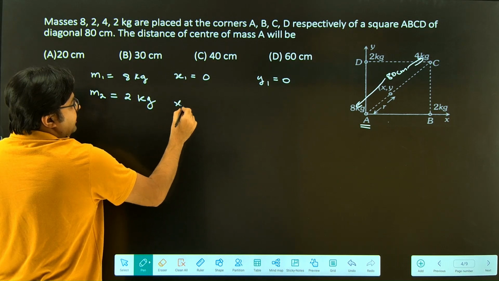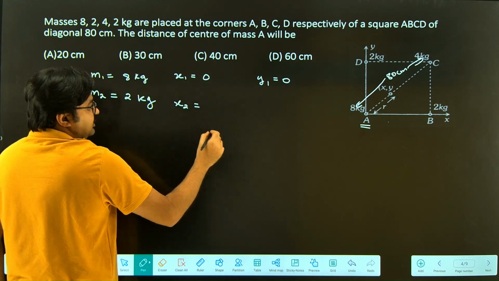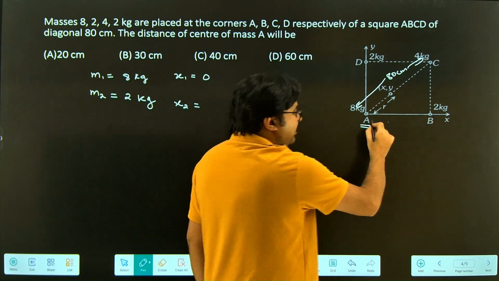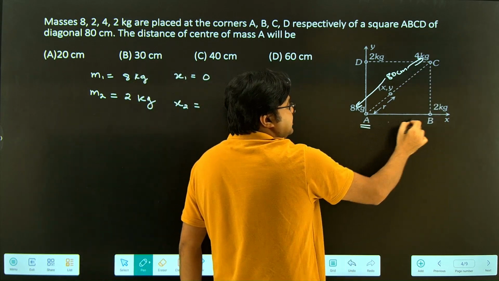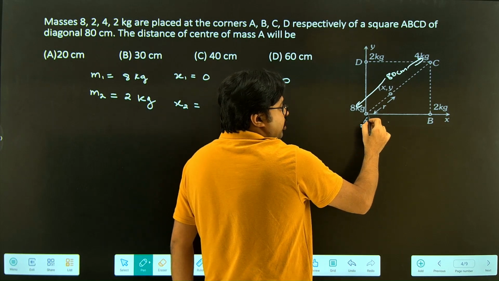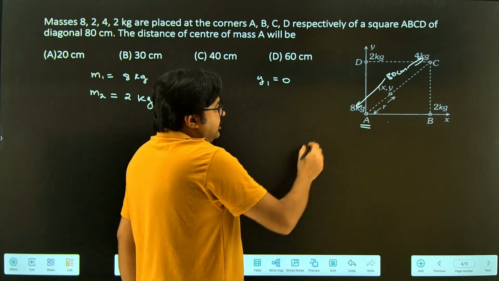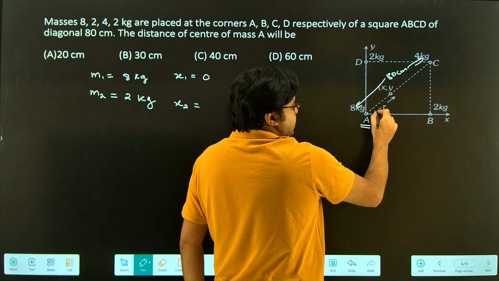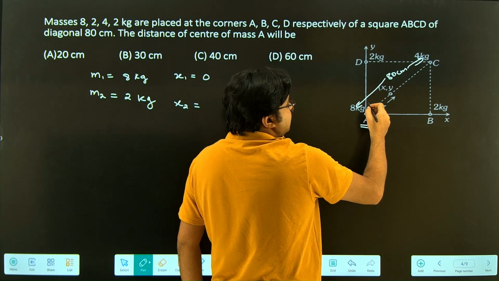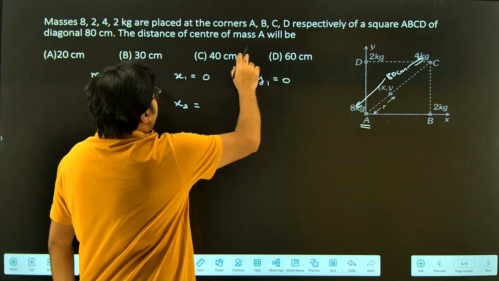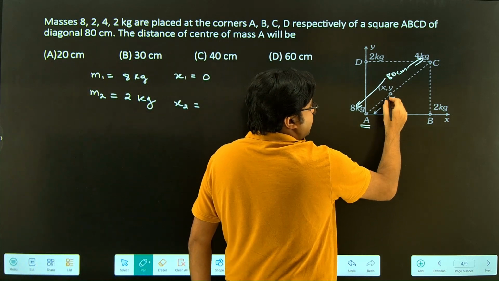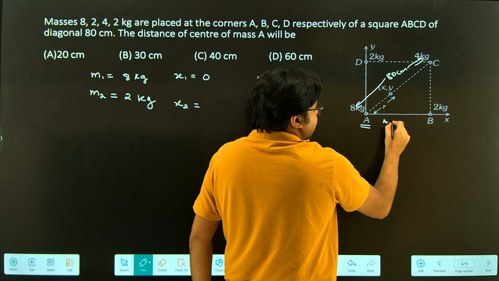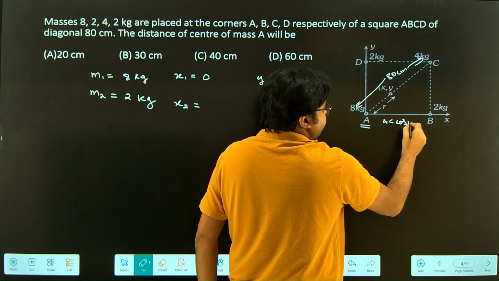The x coordinate of point B, you see, is this length AB. Now, if you look at this right angle triangle ABC, then you know the hypotenuse, which is 80 centimeter, using trigonometry, because this is a square, the corners ABCD of a square, the question says. This is going to be AC cos 45.